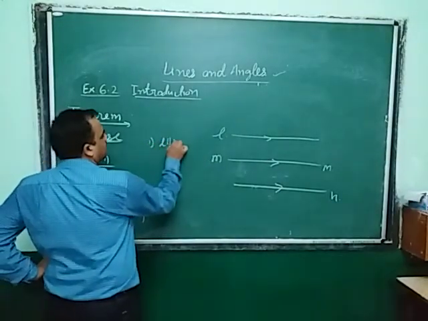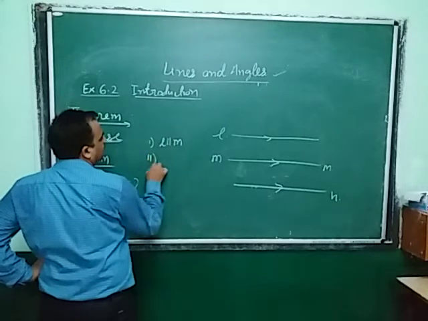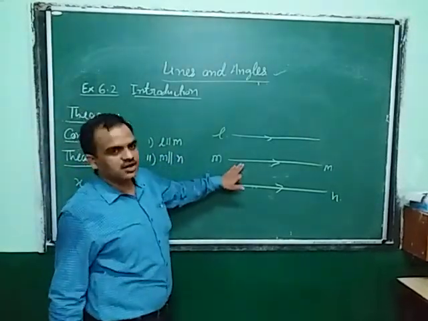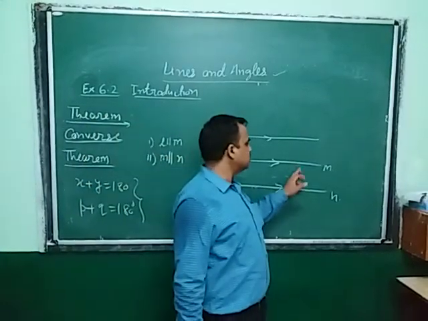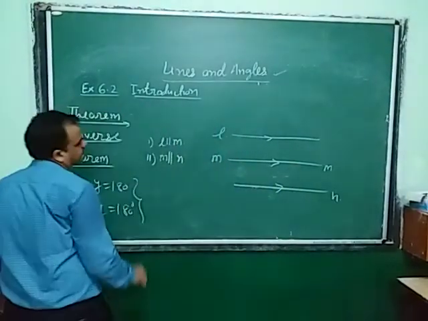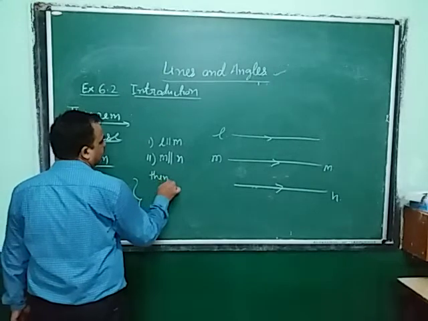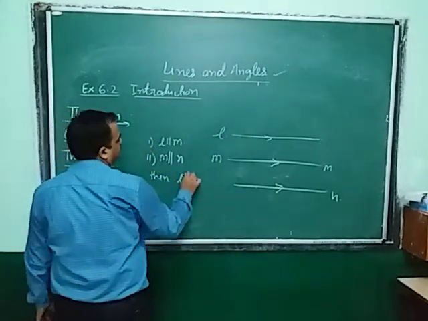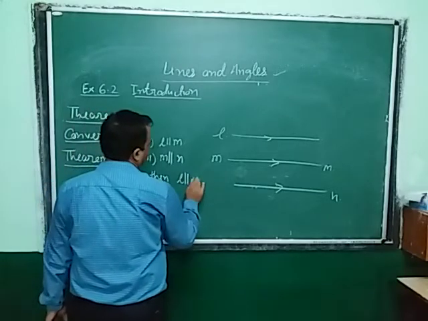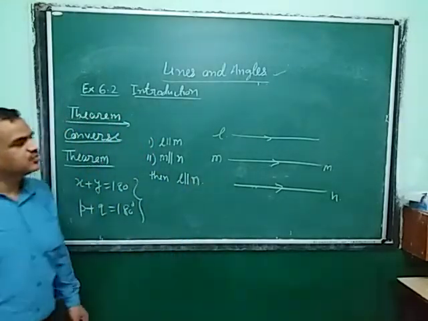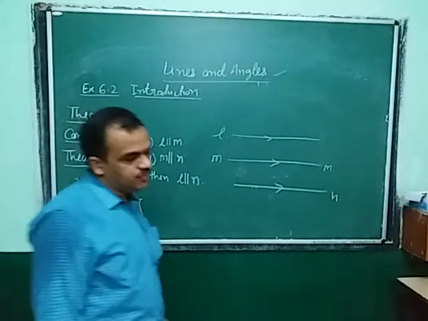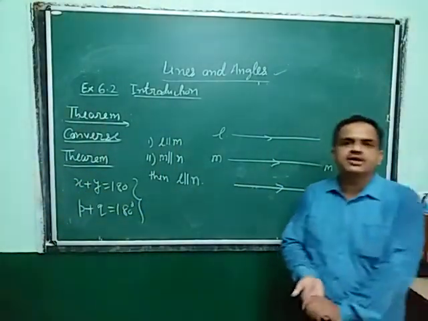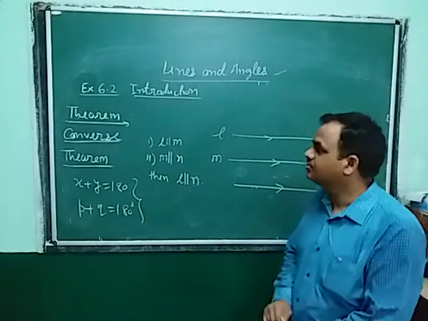If l is parallel to m, and m is parallel to n, these two lines are parallel and these two lines are also parallel, then definitely the lines l and n will also be parallel. Is it clear?